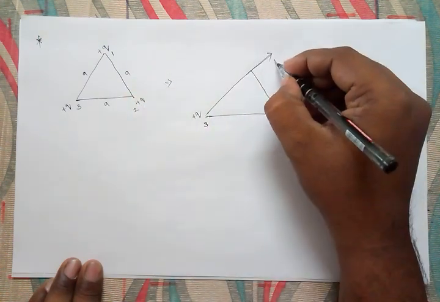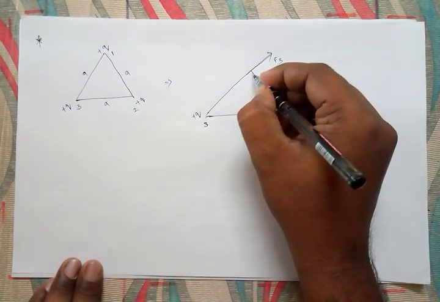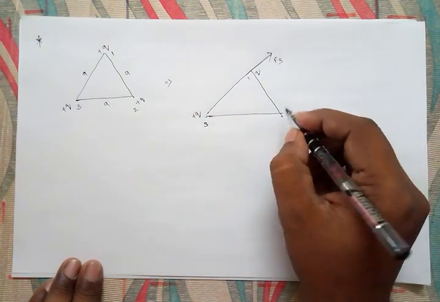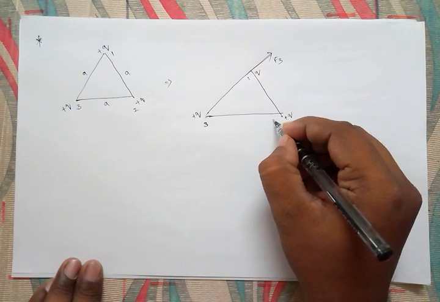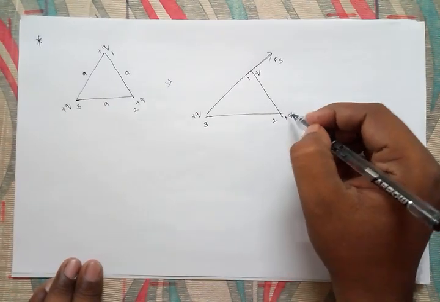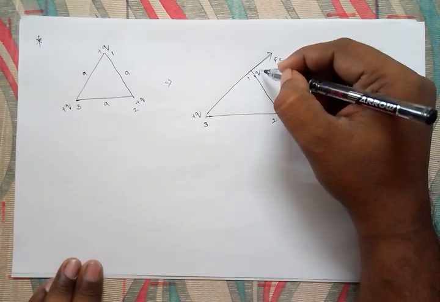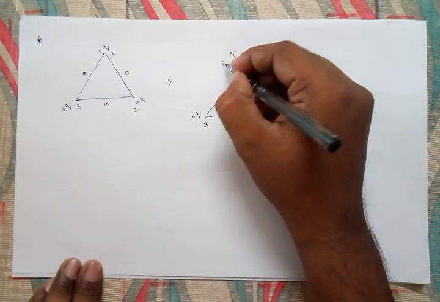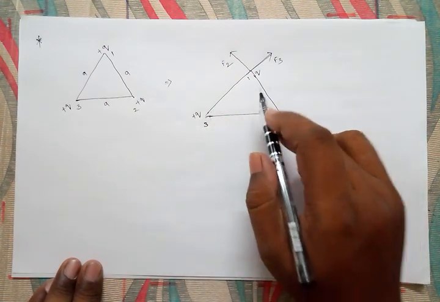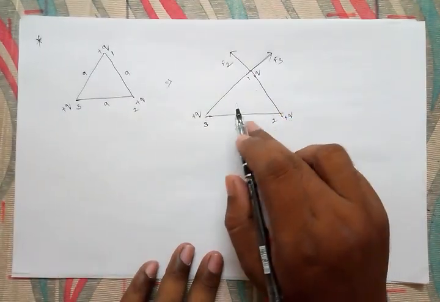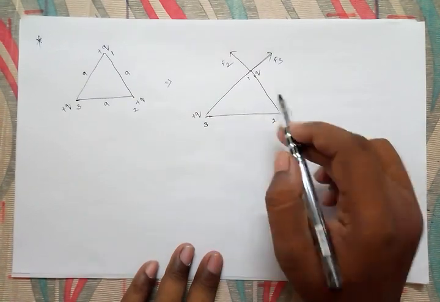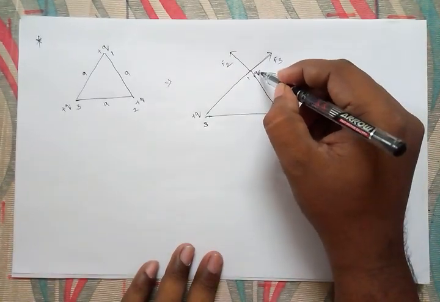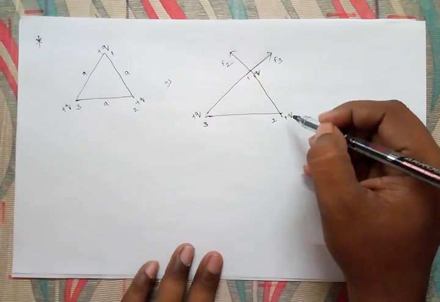The repulsive force we can take as F3. Similarly, at position 2, charge q will also exert a repulsive force over this charge, away from it. This is F2. So F3 is the force exerted by the charge at position 3, and F2 is the repulsive force exerted on the charge at position 1 by the charge at position 2.